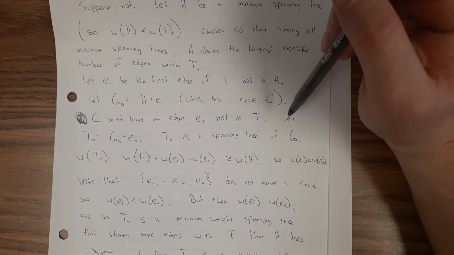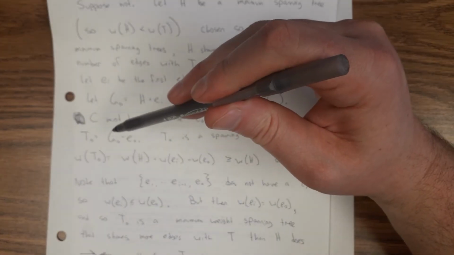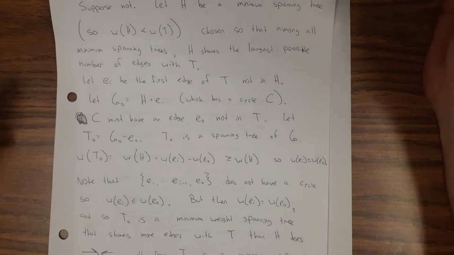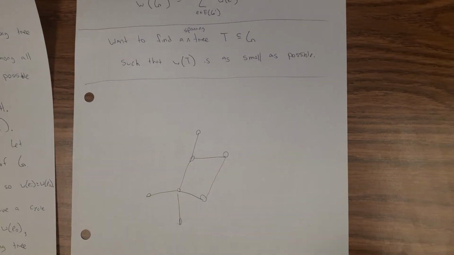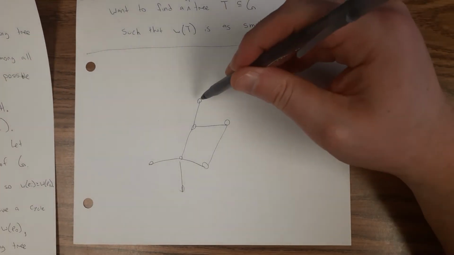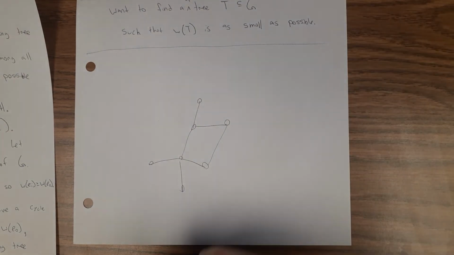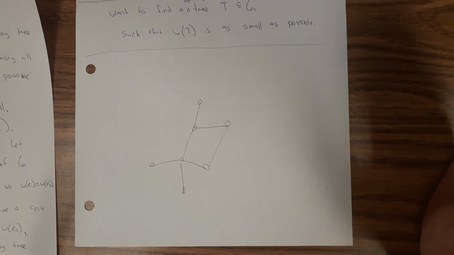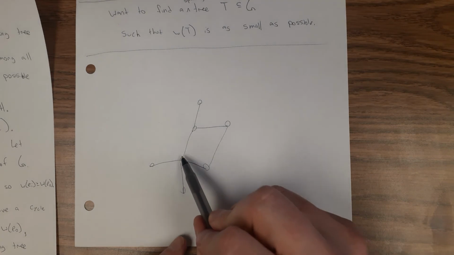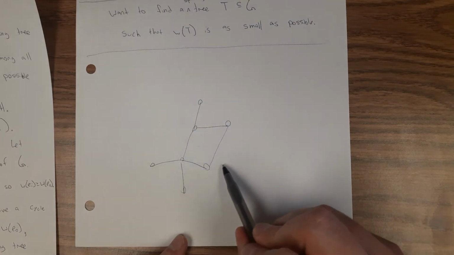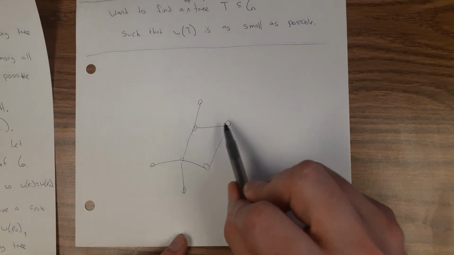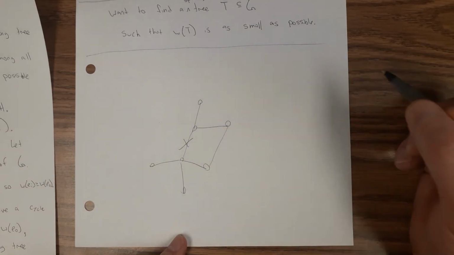Then I'm going to let T naught be the graph G naught after removing the edge E naught. So it's sort of like this. We started with a tree, then we put in an extra edge. Now that has a cycle. Now I'm going to find a different edge, possibly the same edge, but really any edge on this cycle, and remove it.